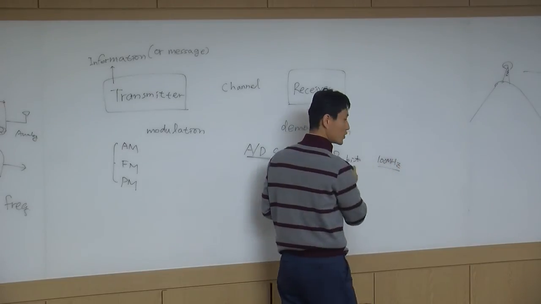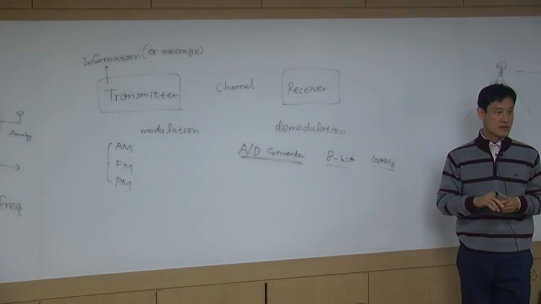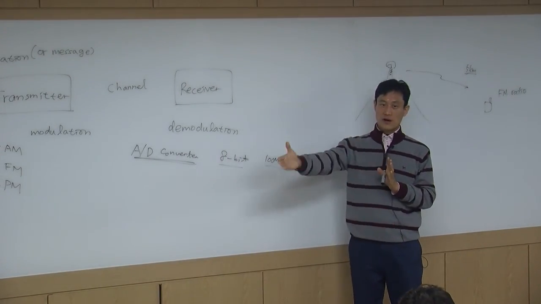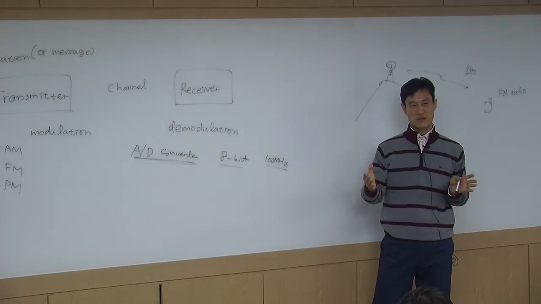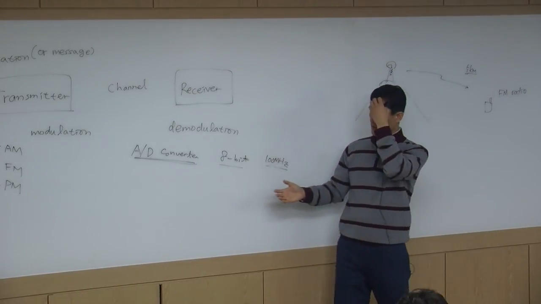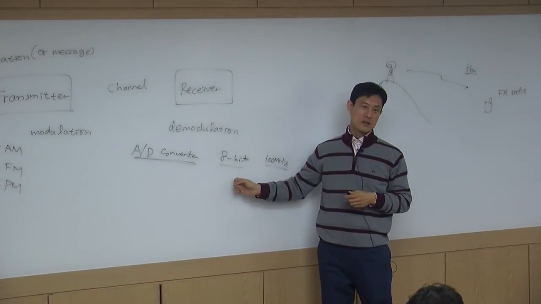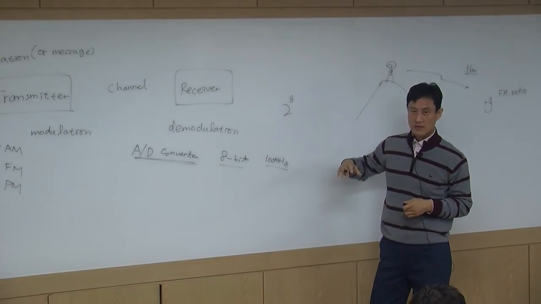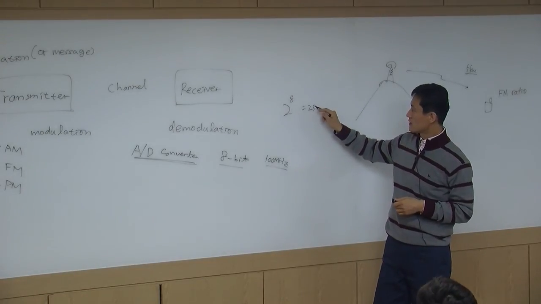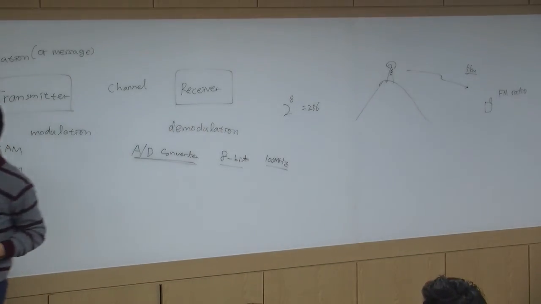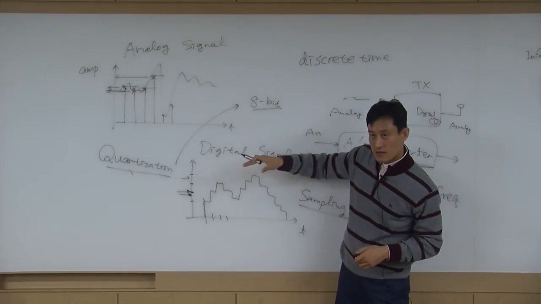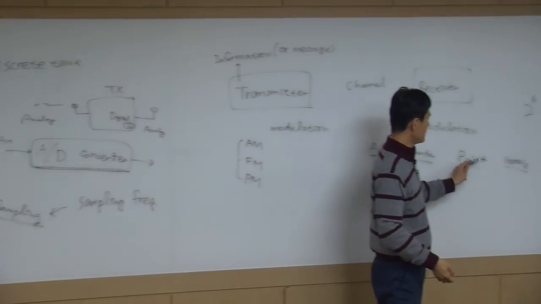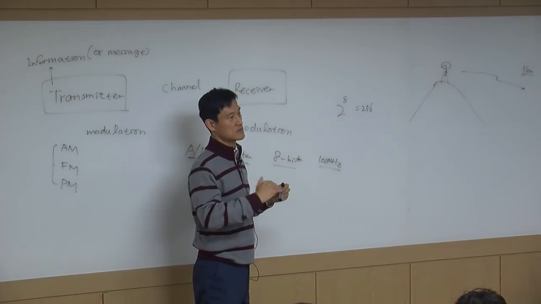You always see these two. That basically means this chip can run at up to 100 megahertz sampling frequency, and it supports 8-bit quantization, which means 2 to the 8, or 256 different levels. In this case I have only 4, but how many levels you have depends on the bit. So 8-bit means there are 256 different levels.